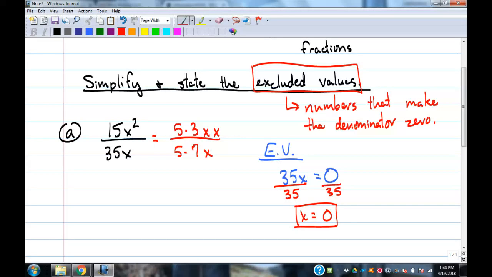Well, what matching factor do we have here? 5 is a matching factor, so we would cancel it out. This 5 on top cancels that 5 on the bottom. Do 3 and 7 match? No, so they're not going to cancel. This x and this x would cancel, right? Yep. This other x doesn't have one to cancel with down here, so it's going to stay. So things that are not canceled are still there. So our final answer then would be 3x over 7.